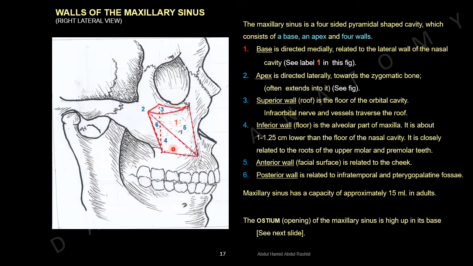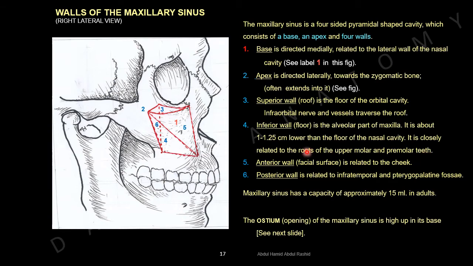Next, number 4, the inferior wall or floor of the maxillary sinus. This is also the alveolar part of the maxilla. It is about 1 to 1.25 centimeter lower than the floor of the nasal cavity. It is closely related to the roots of the upper molar and premolar teeth.